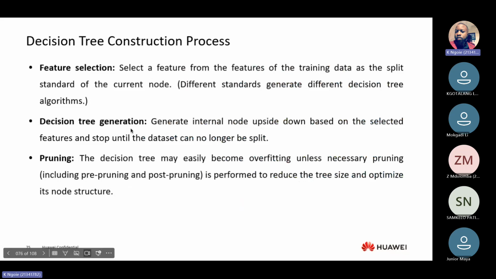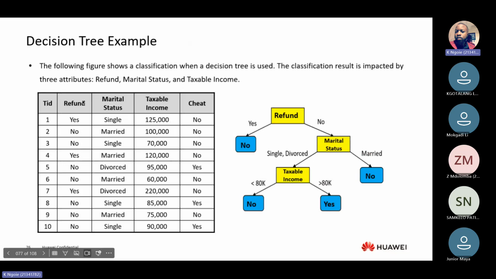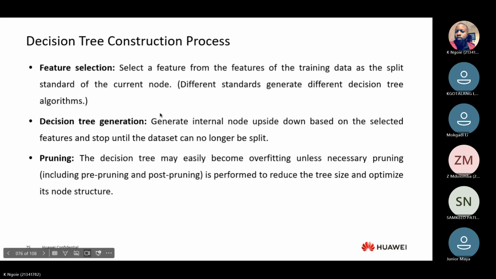Remember the process. First, selection of features. So what are the features here? We're going to have the refund, the marital status, and the taxable income. And then the way we want to generate it, we generate the internal nodes upside down based on the selected features and stop when the data set can no longer be split.